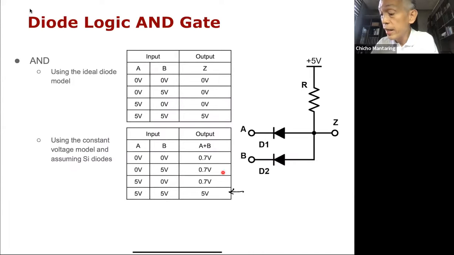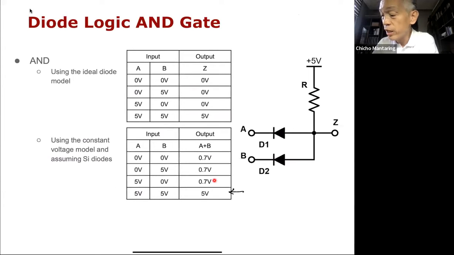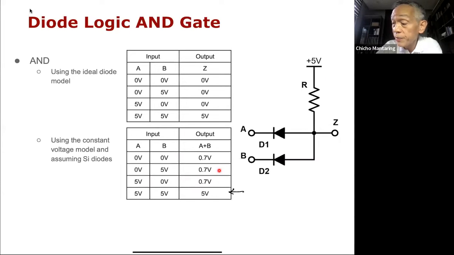So any of these combinations will result in a 0.7 volt output. Okay, and this has the same problem of not being scalable, because this 0.7 is supposed to be equivalent to a 0.